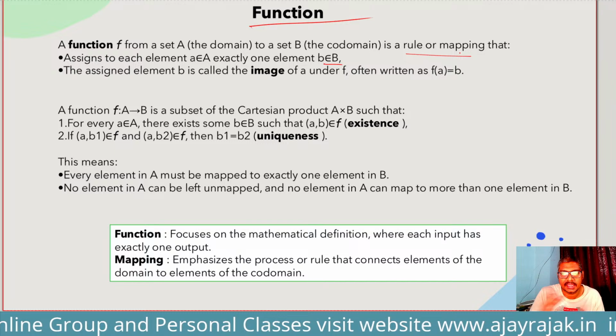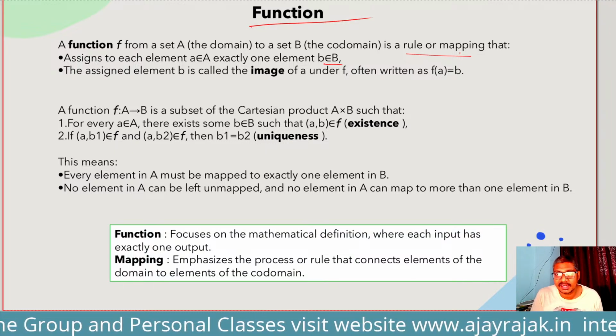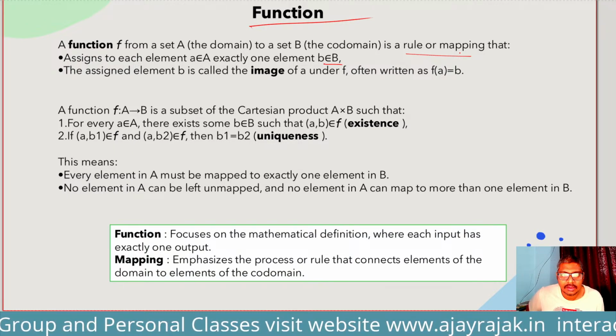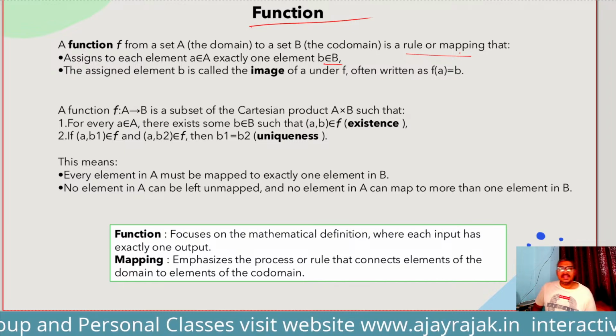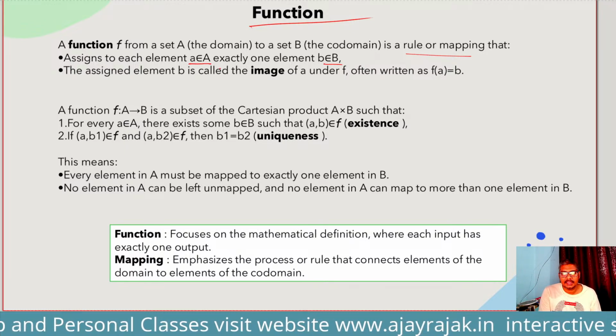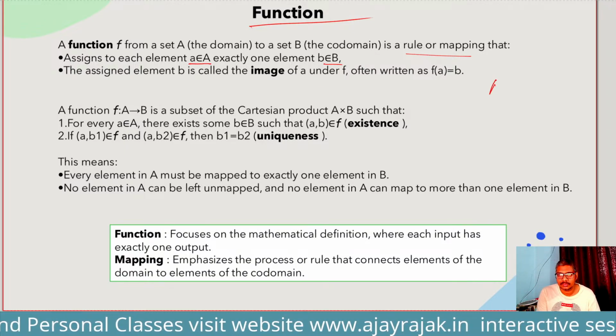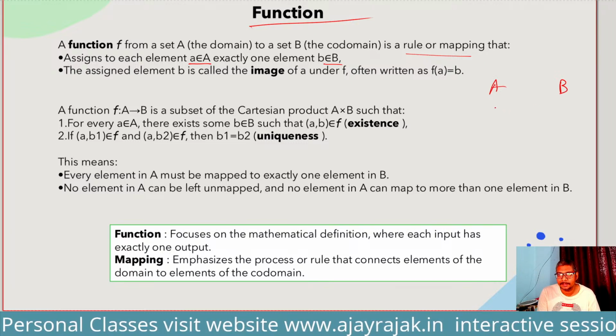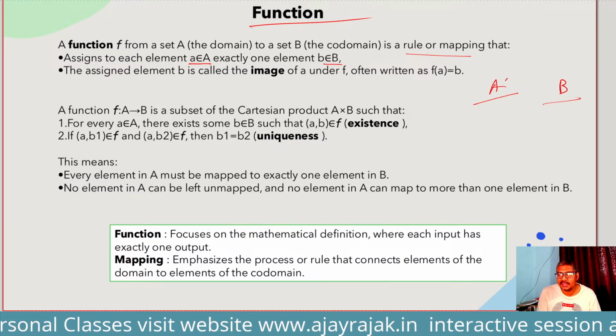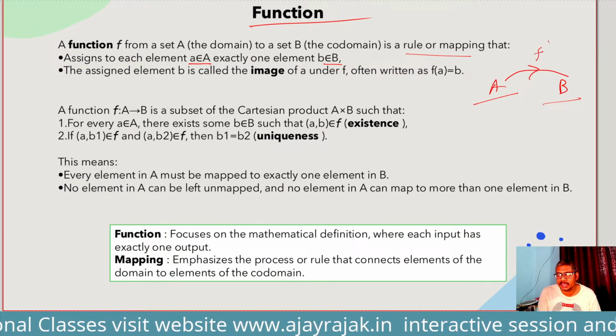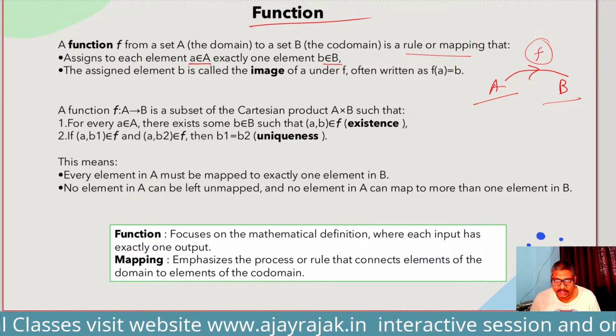Suppose we have a set A and a set B, so we are mapping them, we are relating them. A and B are related by a rule, and that rule is our function, right?